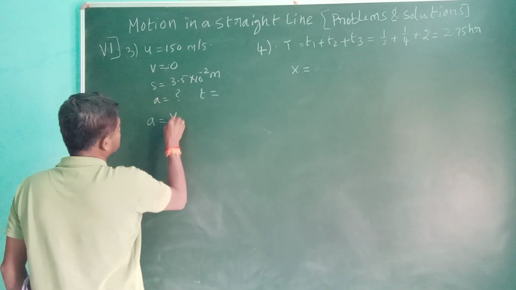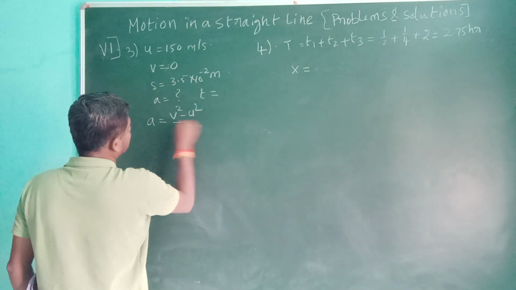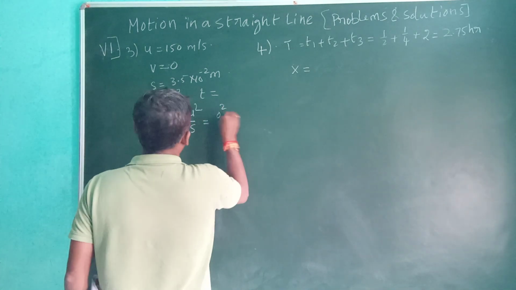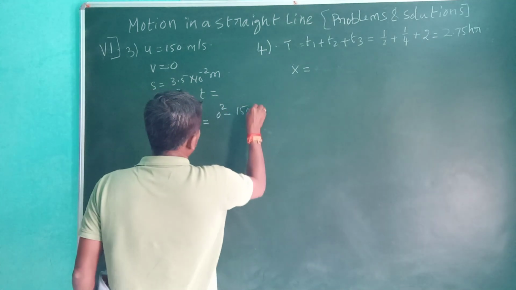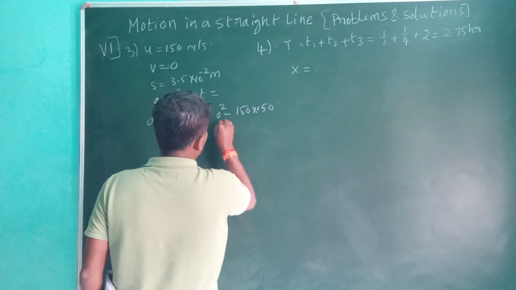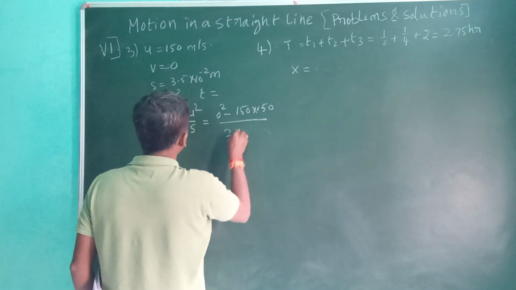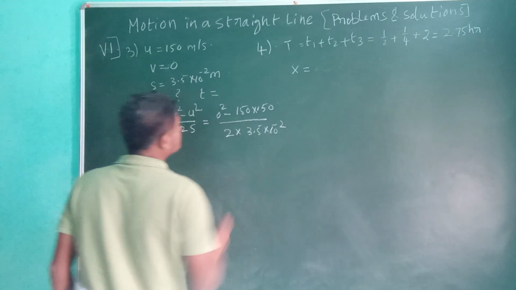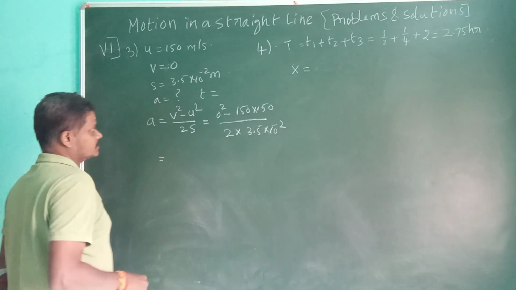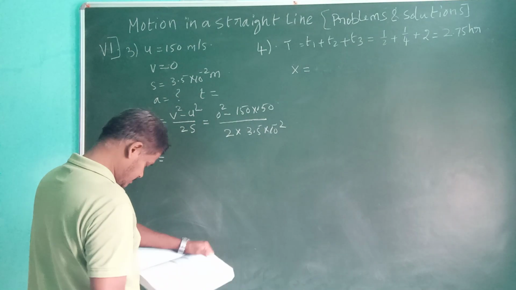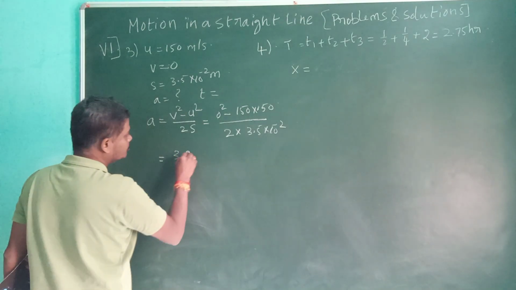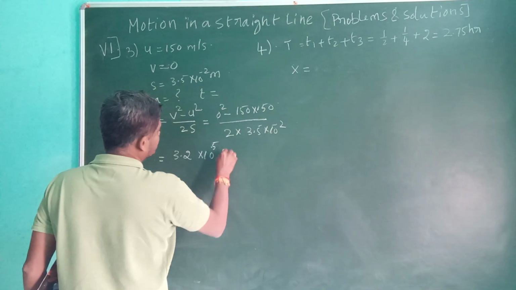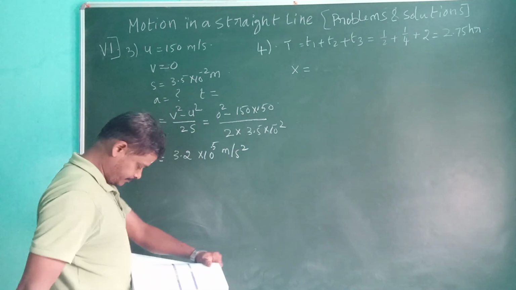Acceleration is equal to v square minus u square by 2s, that is v square is 0 square minus u square, 150 into 150, divided by 2 into s, which is 3.5 into 10 power minus 2. On solving, we get 3.2 into 10 power 5 meter per second square.